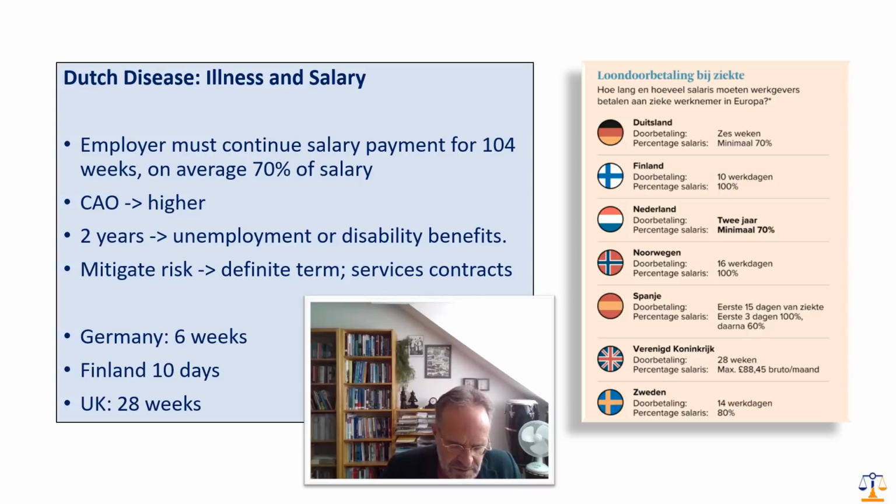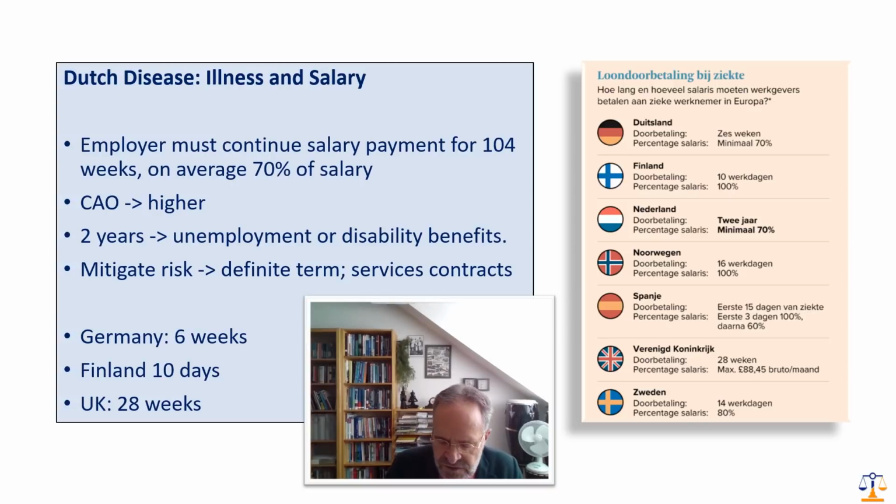Now, in between this, Dutch law has a special rule. If an employee gets ill and he cannot work, the employer must continue to pay the salary for another 2 years, and it is at least 70% of that salary.